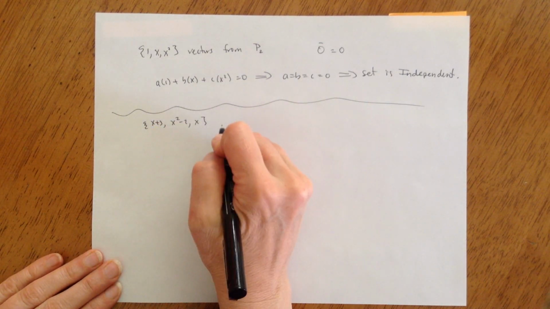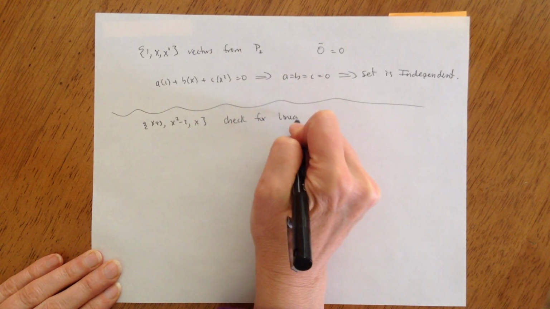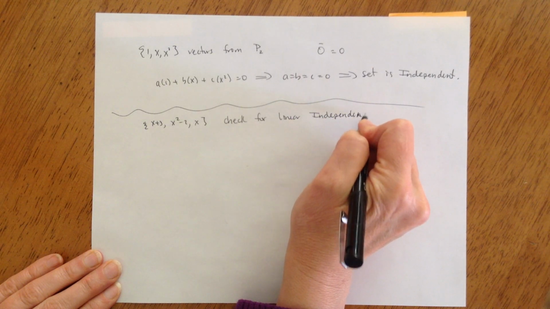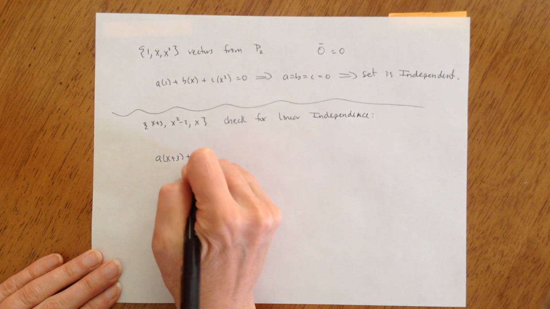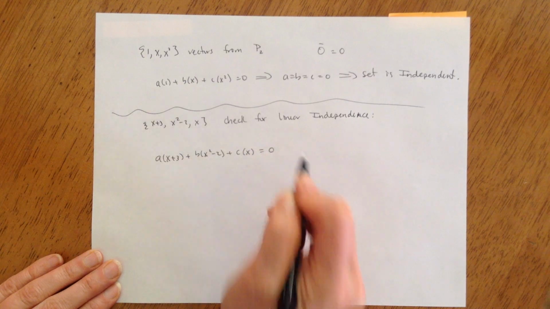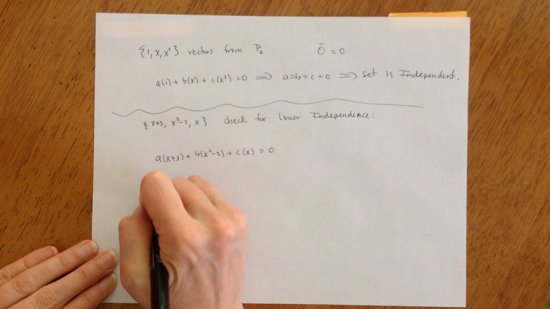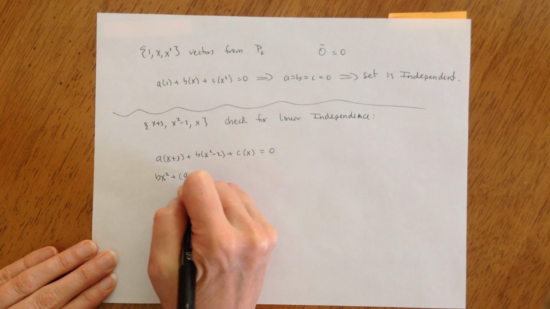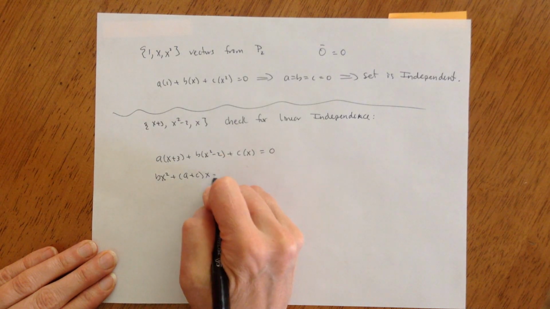So I'm going to check for linear dependence. You'd take a times x plus 3 plus b times x squared minus 2 plus c times x. We want to make that equal to 0, so I'm going to shuffle things around here. I have bx squared, and I have ax plus cx, so I have a plus c times x, and I have 3a minus 2b.